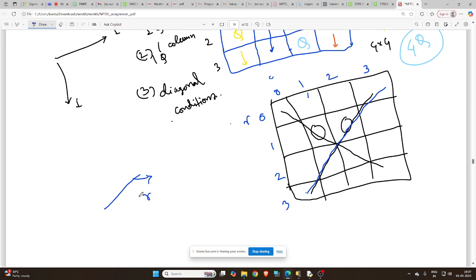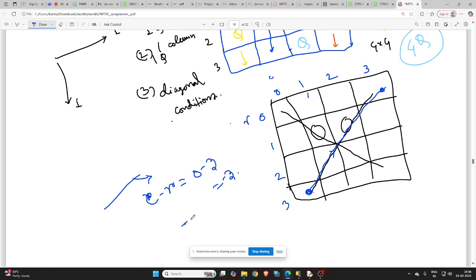So if I see more, C minus R. C minus R means if I go from here to here, in that direction. For this cell, column minus row, that means 0 minus 3, which is minus 3.